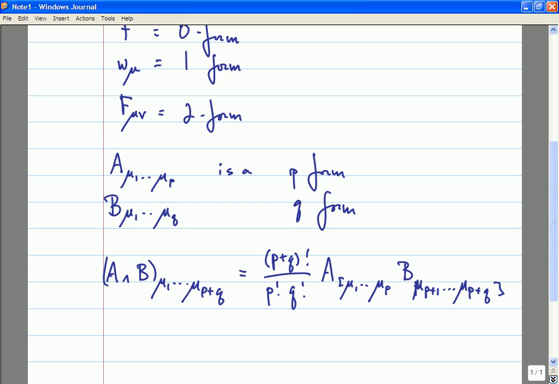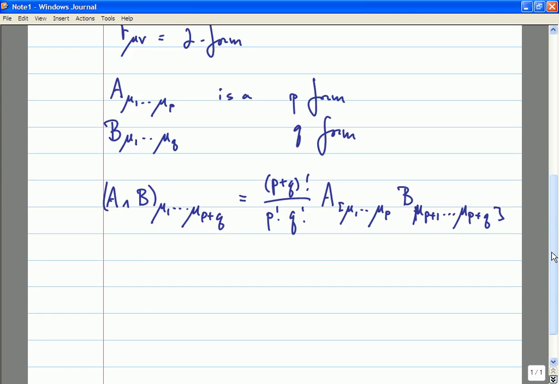So, whereas usually in this course we will just use index notation to describe tensors, we'll just write out the indices explicitly, it's often very convenient to use index-free notation. So remember that a 1 form is usually written in index-free notation as omega_mu dx^mu.